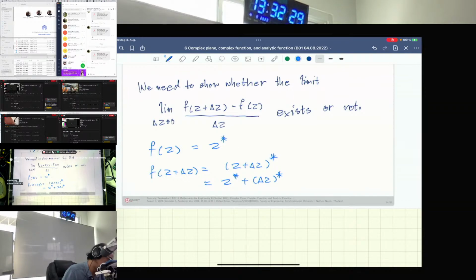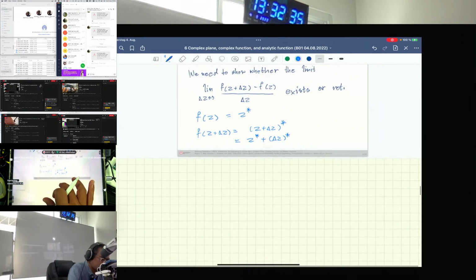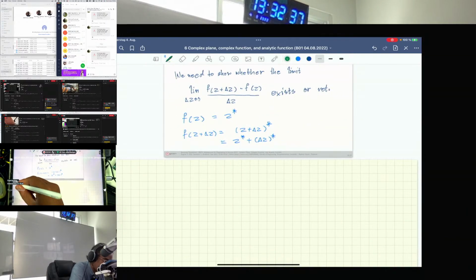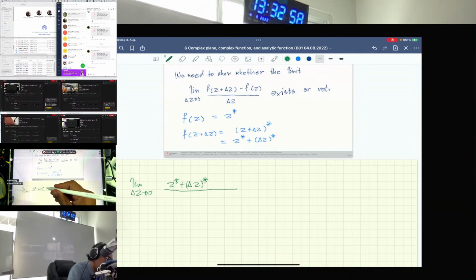And we will substitute these two terms into this limit. We will see the limit as delta z goes to 0 of the numerator, which is z star plus delta z star. Leave it here. The next one is minus f(z). f(z) is this one, z star.